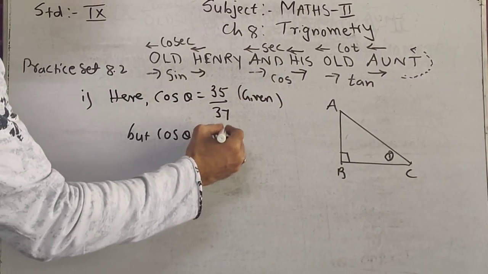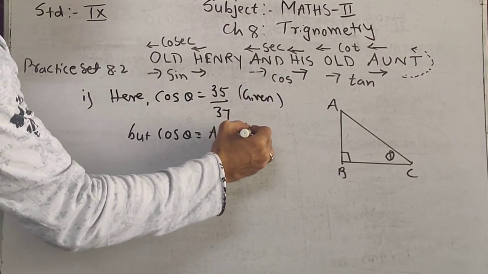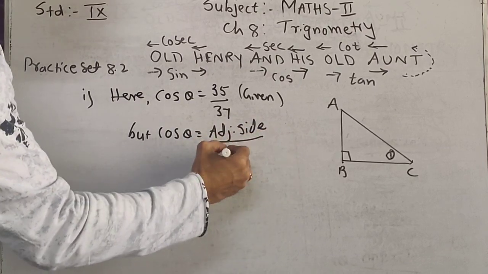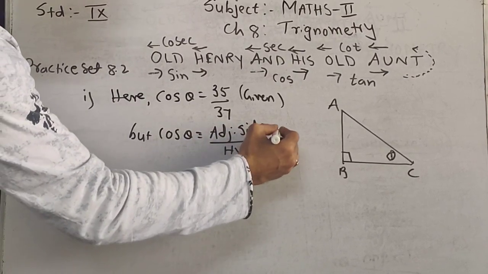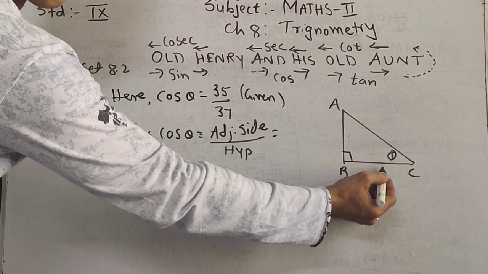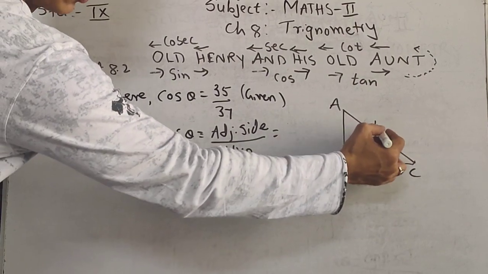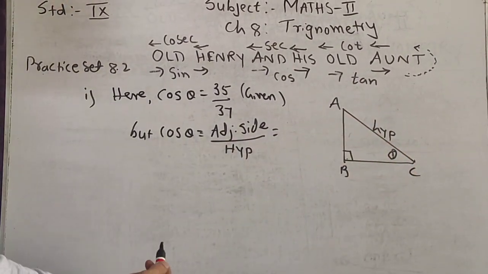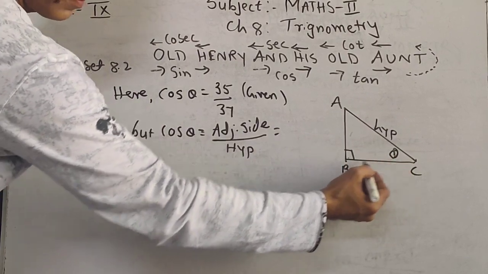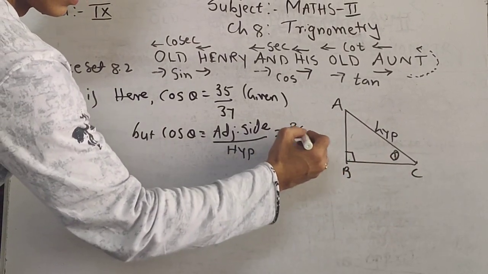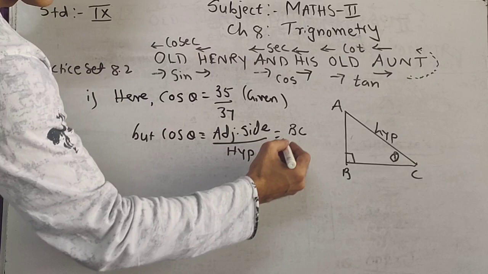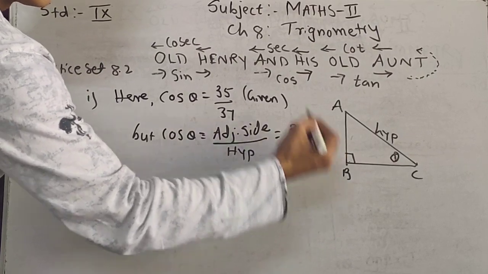Adjacent side upon hypotenuse. For theta, this is the 90 degree angle, so the hypotenuse is the side opposite to it. So the adjacent side is BC and the hypotenuse is AC.